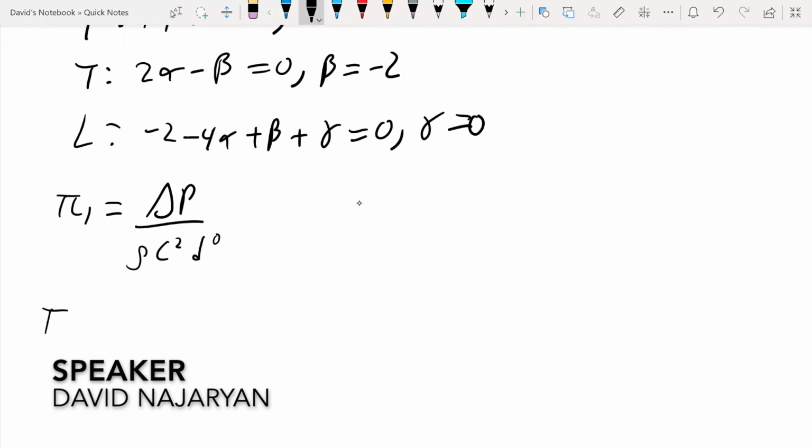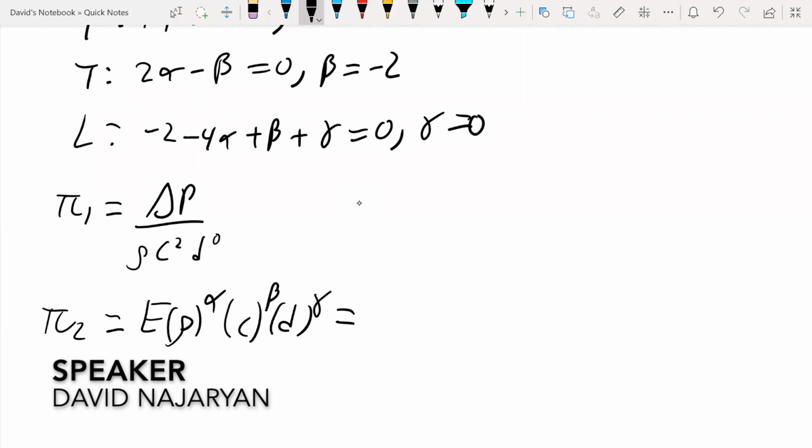For our pi 2 term, we're going to try to eliminate delta p. So we have e, rho, c, d, and I'll be raising these to alpha, beta, and gamma. Similar to the first portion, we have their basic units.